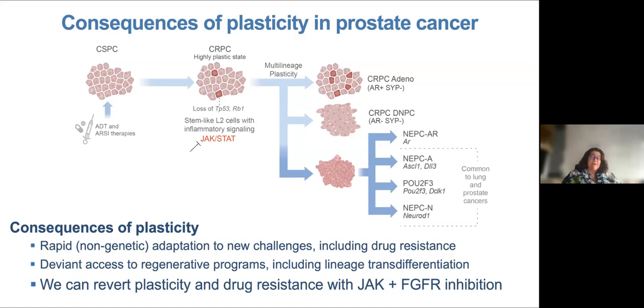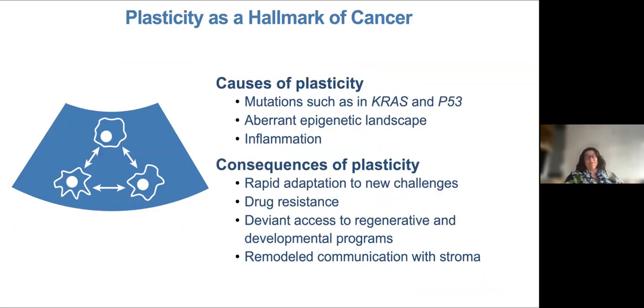It doesn't even need the immune system to drive this JAK-STAT signaling. And most fun, we can revert this plasticity with inhibition of both JAK and FGFR. So I talked about some of the causes of plasticity, mutations, aberrant epigenetics and inflammation, and the horrible consequences of plasticity, which I think really is one of the hallmarks of cancer that gives the tumor its most powerful adaptive capabilities.